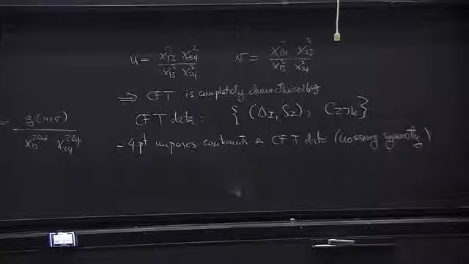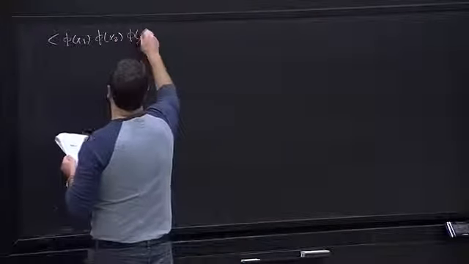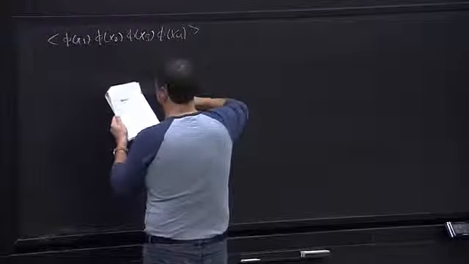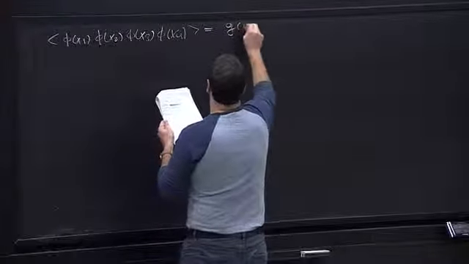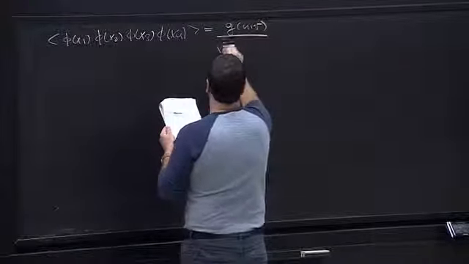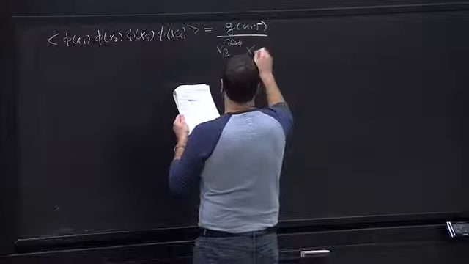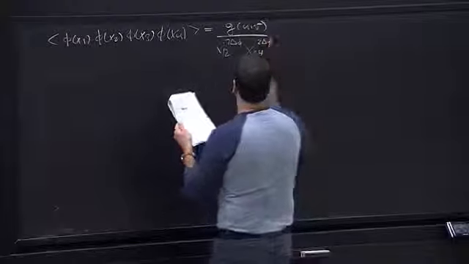So again, let's consider a 4-point function of identical operators. So we'll start with an elementary observation that will be important for us later. And again, just for notational simplicity, I'm taking all the operators to be the same.